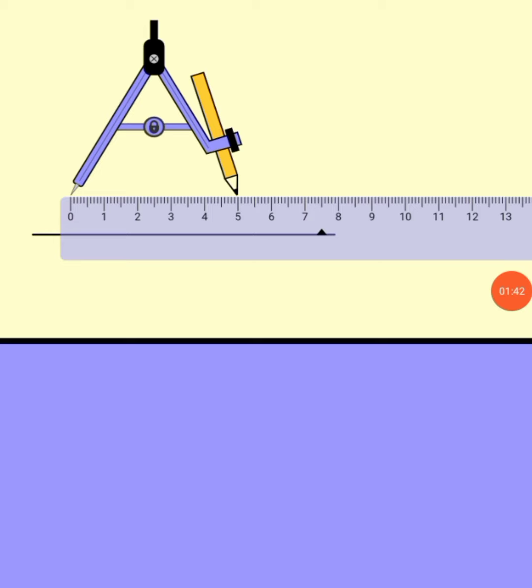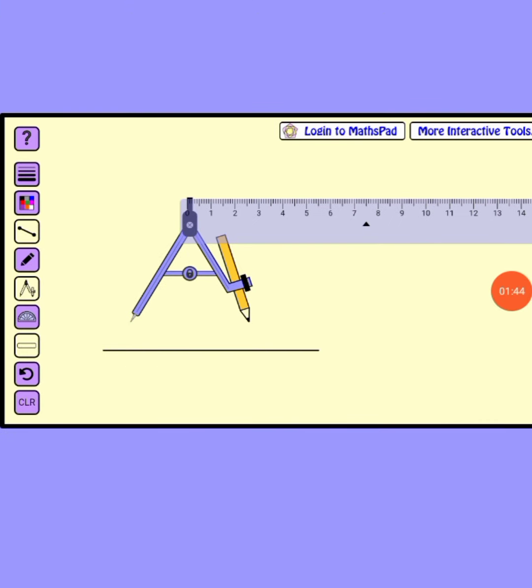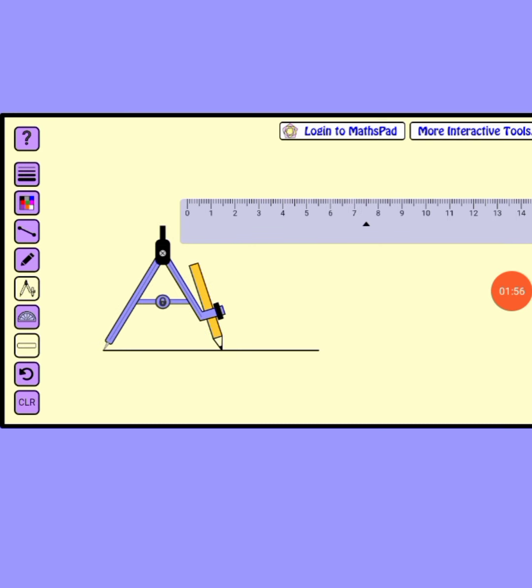I'll lock it, and next I will take the compass, bring it to the point over here, and draw an arc. So this point was D, this became E.